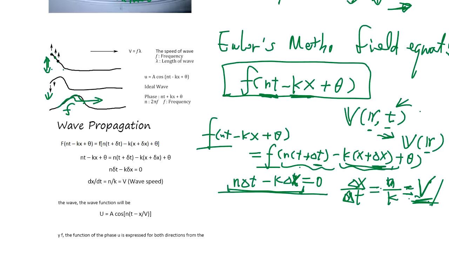So if you oscillate this end using a cosine function, then the waveform becomes something like cosine omega t minus x over v.